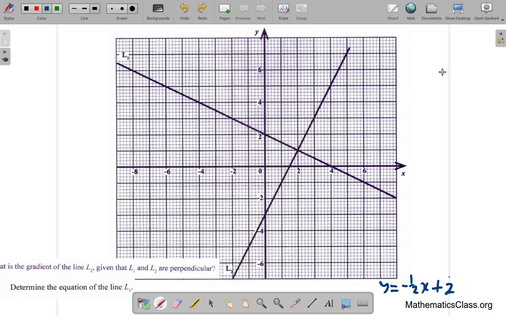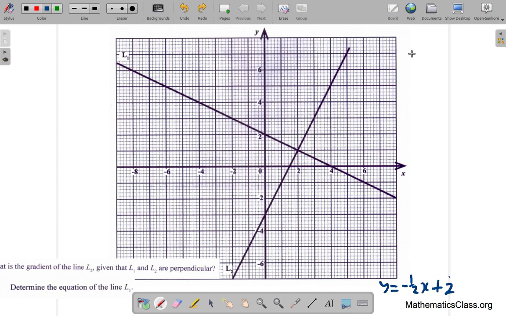You remember that? Look it up, pause the video, and come back if you didn't know. So what is it? When two lines are perpendicular, the product of their gradients is negative 1. The gradients multiply to give negative 1.